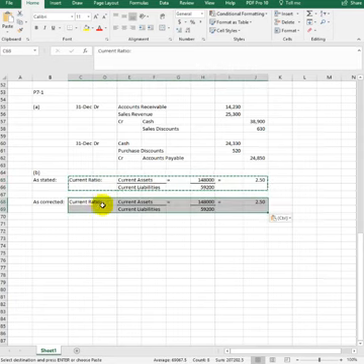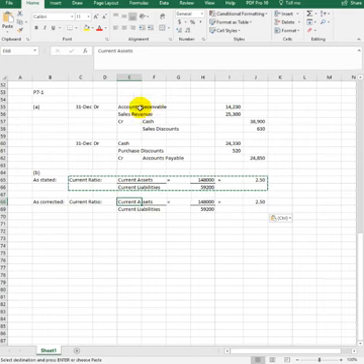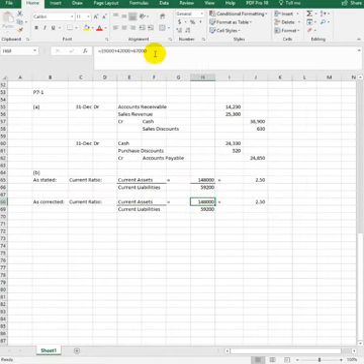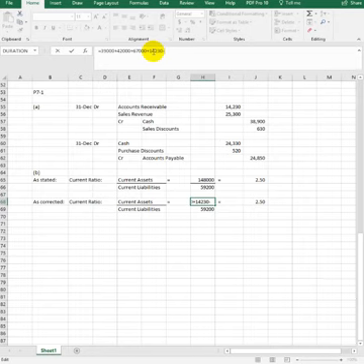So here we go. Now the current assets, if we look up here, current assets go down for accounts receivable. Oh, sorry, I'm wrong. I'm lying to you. We're going to increase for accounts receivable and decrease for cash. So let's increase for accounts receivable 14,230, and then we're going to subtract the amount of cash.